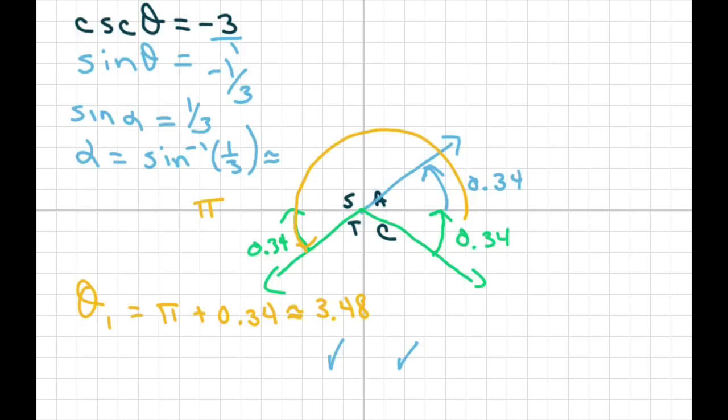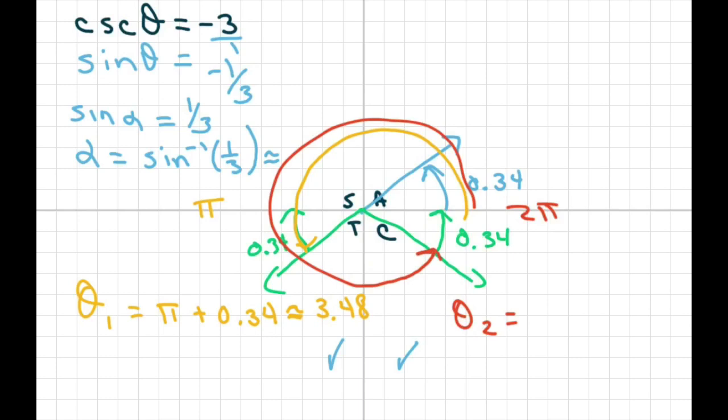And then for theta 2, I'm going to take 2 pi, because this is where you go all the way around, but we need to subtract that out. So that's going to be 2 pi minus 0.34, and that's approximately 5.94.